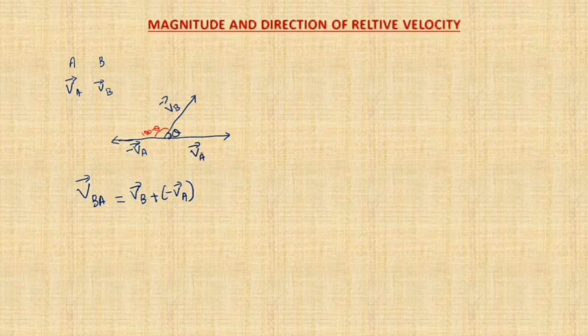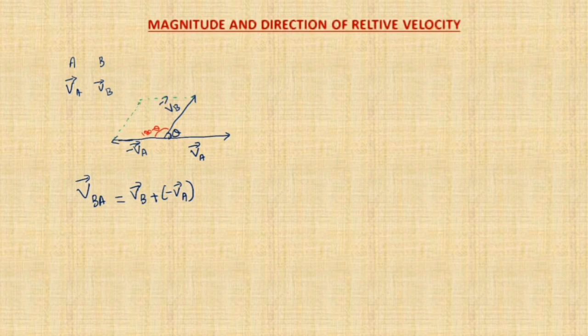Now let's find the resultant of VB and minus VA. To find the resultant, we already know the methods: one is the parallelogram method and the other is the triangular method. Let's use the parallelogram method. So we construct a parallelogram.